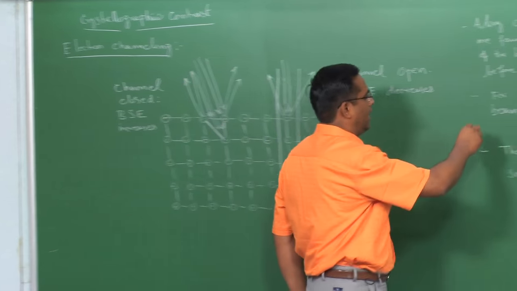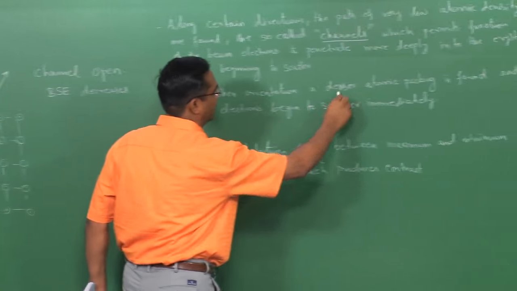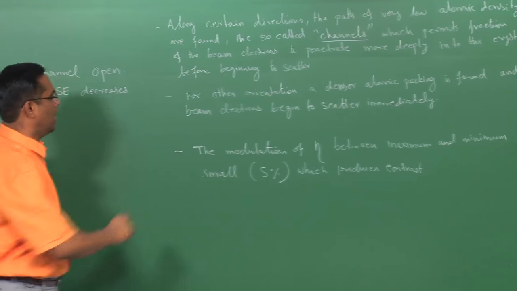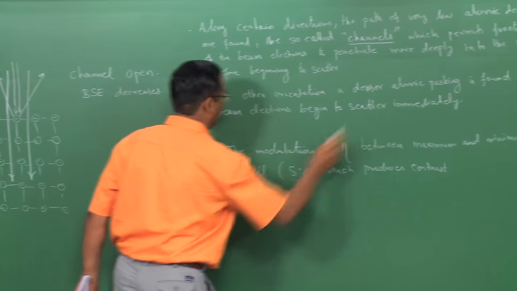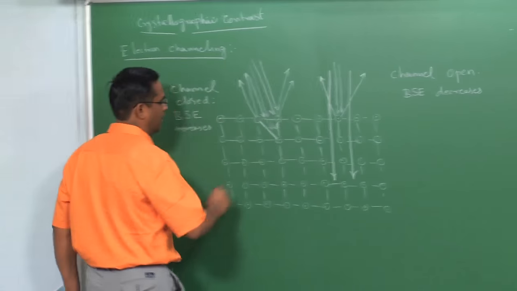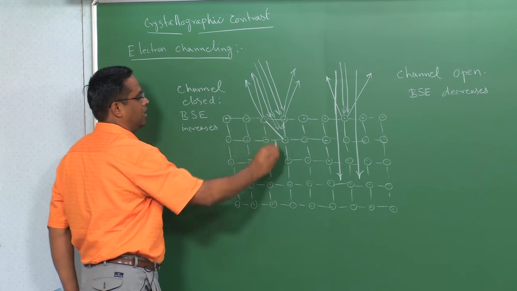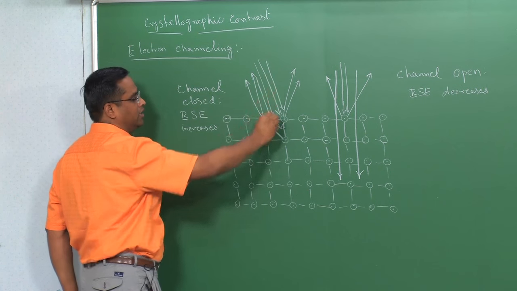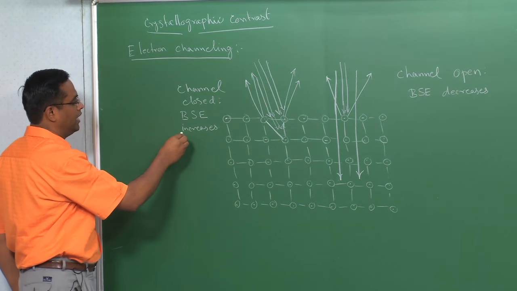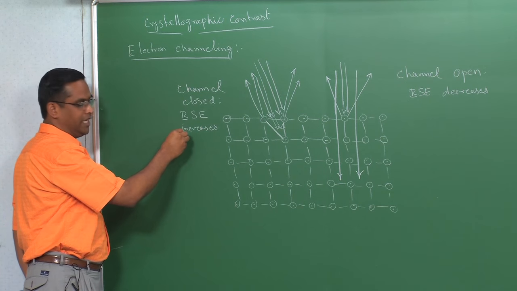On the other hand, in some other orientation where denser atomic packing is found, the beam of electrons begins to scatter immediately, something like this, where you do not have a clear channel, and the electron beam starts scattering from the surface itself, which promotes the BSE yield.